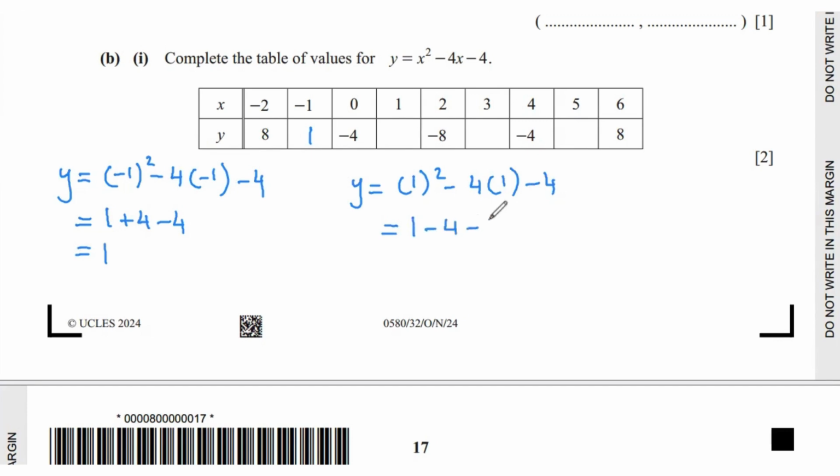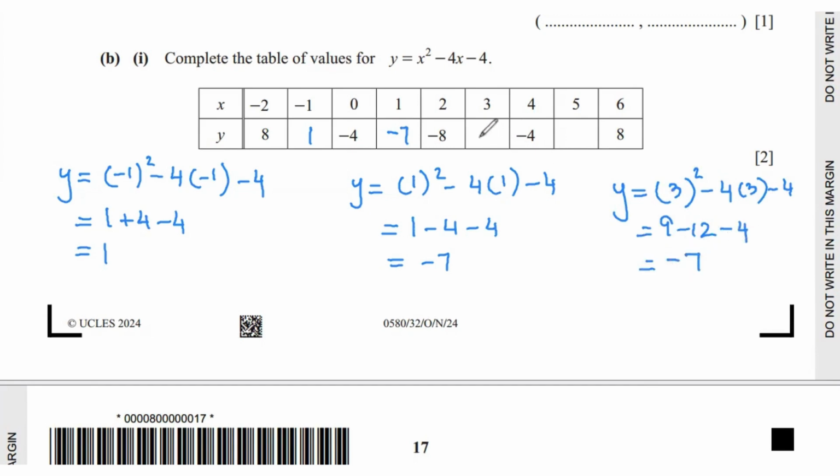That's 1 minus 4 minus 4, negative 7. y equals 3 squared minus 4 times 3 minus 4. 9 minus 12 minus 4, negative 7 again. And lastly, y equals 5 squared minus 4 times 5 minus 4. 25 minus 20 minus 4, and that is 1. These are our points.